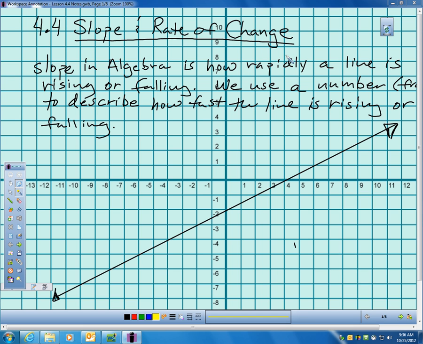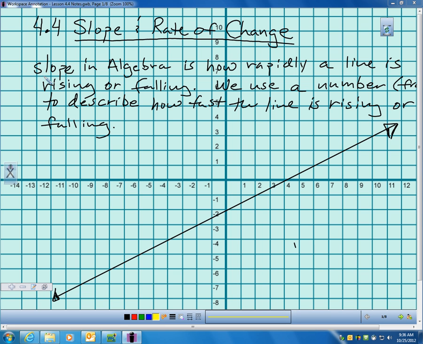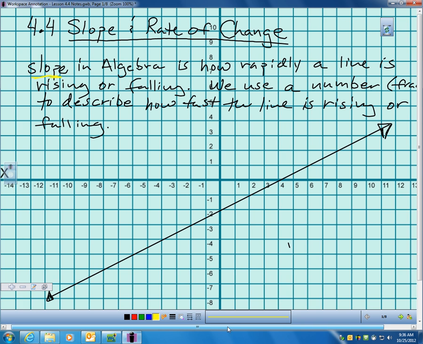The first thing we would need to talk about here is what is slope. So you can see I wrote a little something out here. I would say write this down in your notes. Slope, in algebra, shows how rapidly a line is rising or falling.